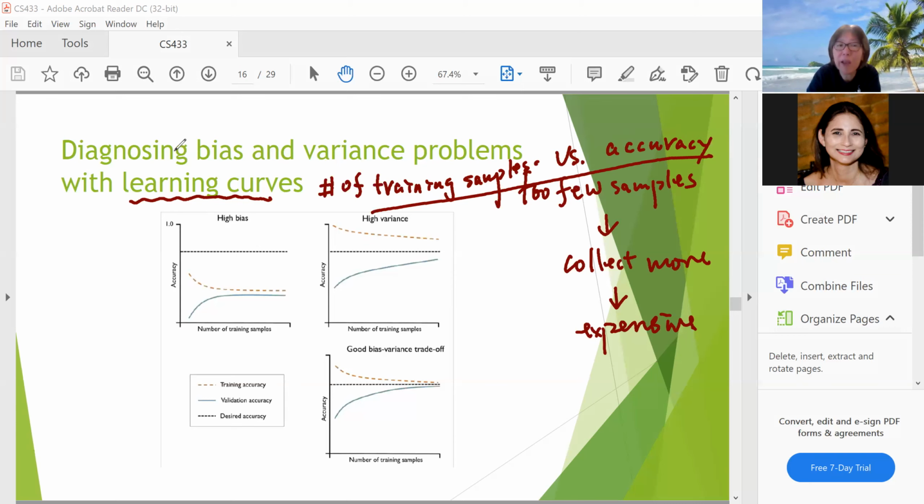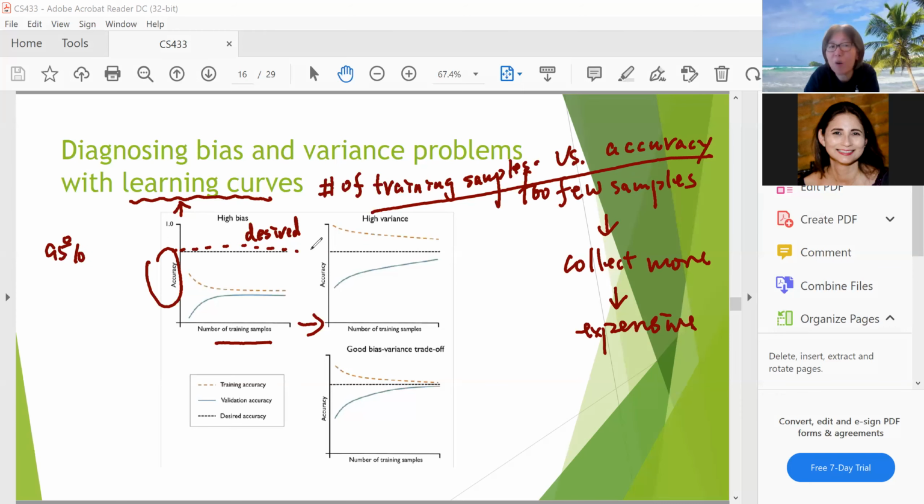This is the accuracy, and this is the number of samples. In this diagram, this is the desired accuracy. Suppose you said, I would like my model to reach 95% accuracy.